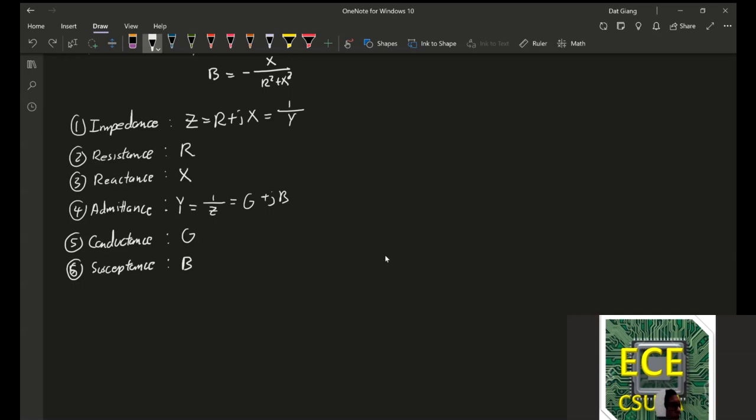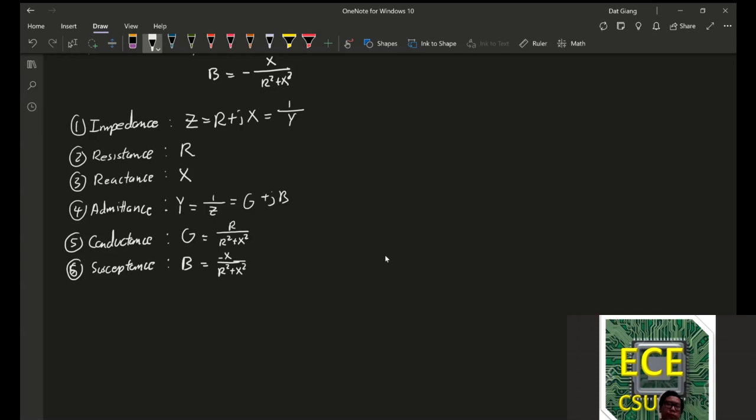And then to relate once more, we have R divided by R squared plus X squared, and this is negative X divided by R squared plus X squared.